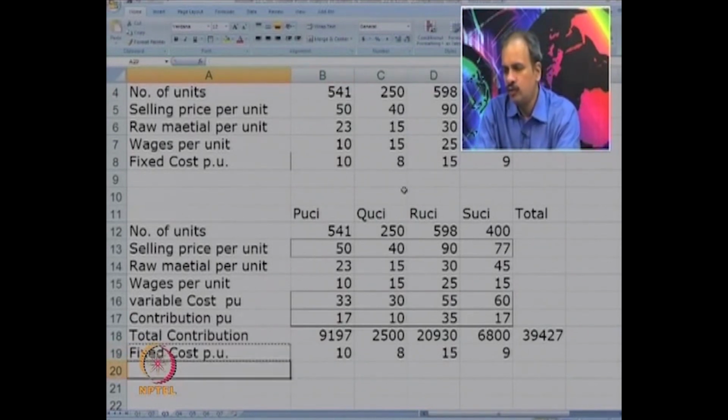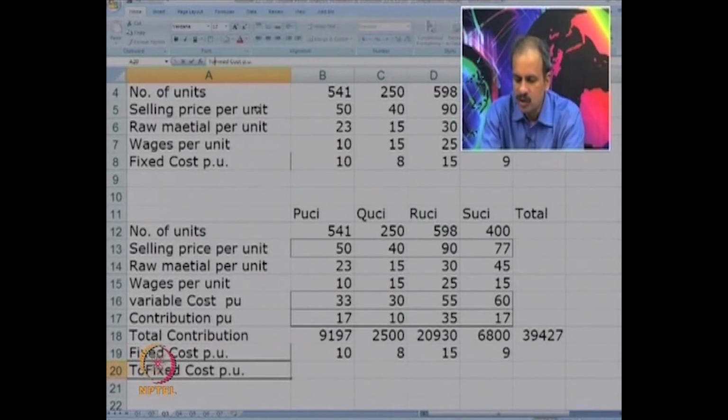Actually we need the fixed costs on total basis. So we will calculate the total fixed costs.